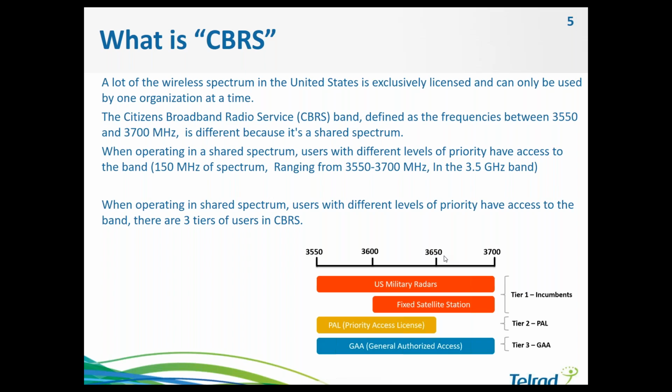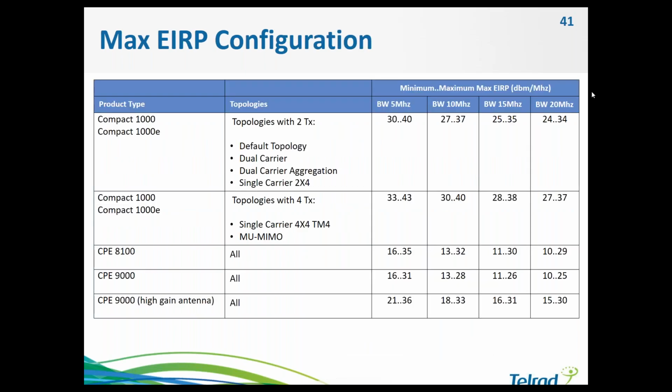CBRS was established in 2000. This model and per topology, and per bandwidth, what is the maximum and minimum EIRP that you can configure. Let's put, for example, the first row. It's compact, with let's select the topology.